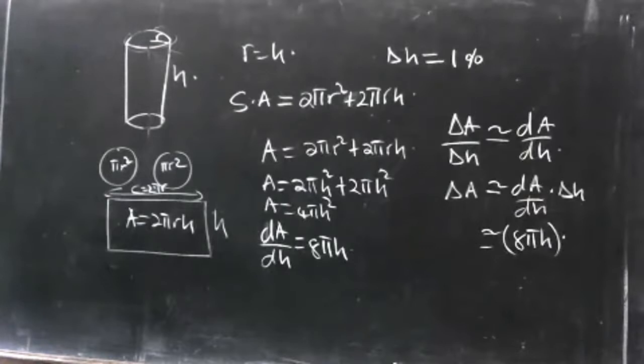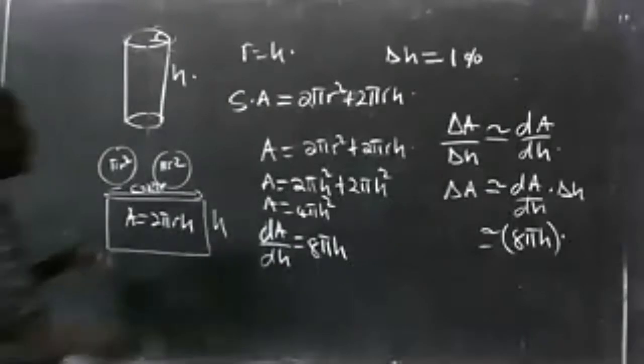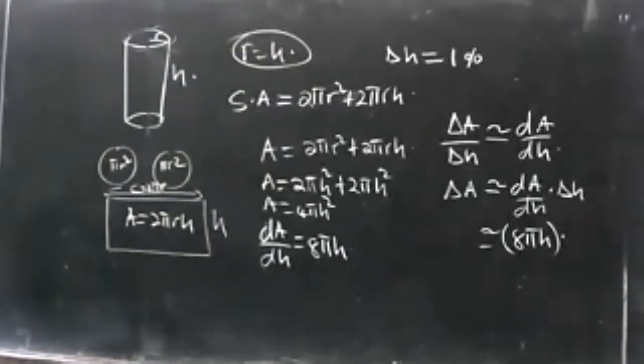On the third step, when you're finding the surface area, you say that surface area is equal to 2 pi r squared plus 2 pi r h. Then the next step is saying 2 pi h squared plus 2 pi h squared. Now where's the r squared going? R is equal to what? Look at your question at the beginning.